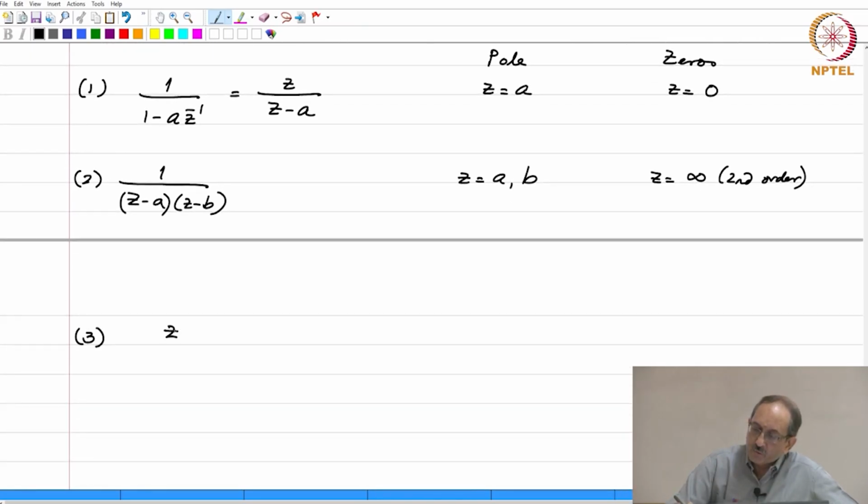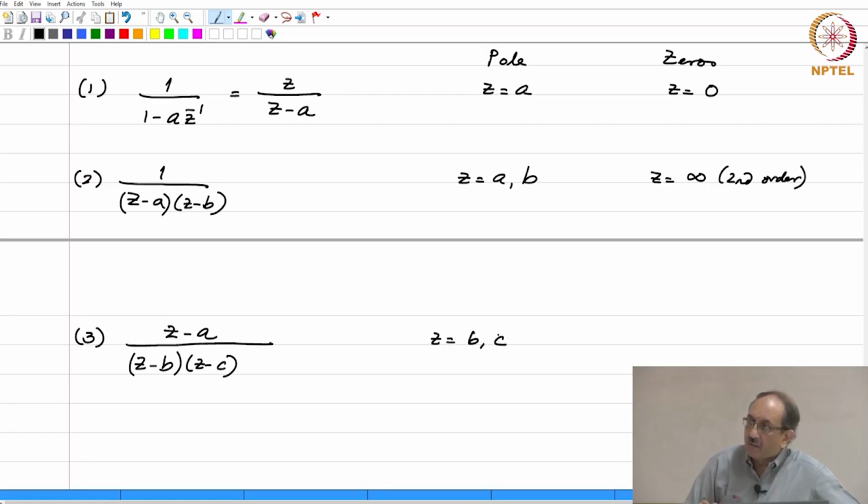On the other hand, suppose you had z minus a by z minus b, z minus c in the denominator, then clearly z equal to b comma c are poles.